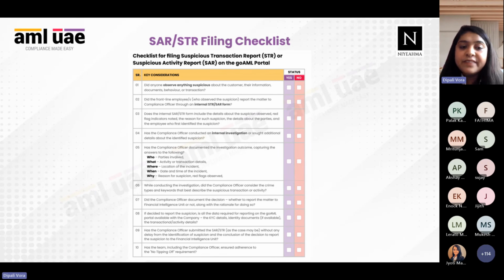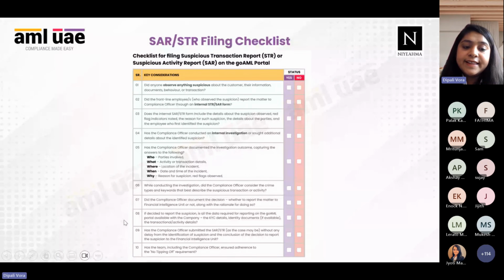So we believe that whenever a suspicious internal SAR, internal STR is received by the compliance officer, the action should be taken within 24 hours. That is, filing has to be done. If the compliance officer decides, they should file it within 24 hours.